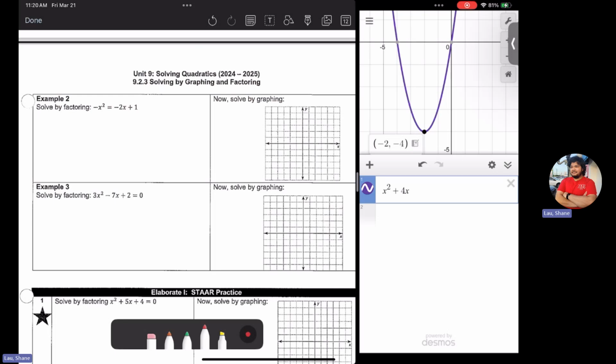So instead of moving -2x plus 1 from the right side to the left side, I'm going to move it the opposite way. I'm going to move x² to the right side from the left. So my equation would then be 0 equals x² minus 2x plus 1. Like so.